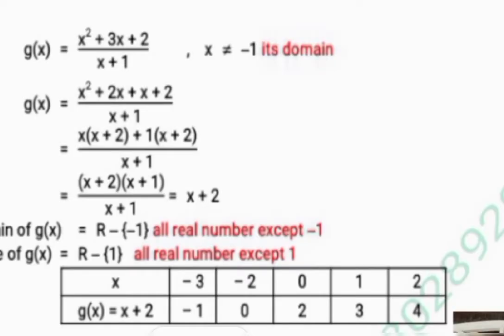As you see, you can break the middle term of this function x square plus 3x plus 2. Breaking 3x as 2x plus x, we can write x square plus 3x plus 2 as x square plus 2x plus x plus 2.